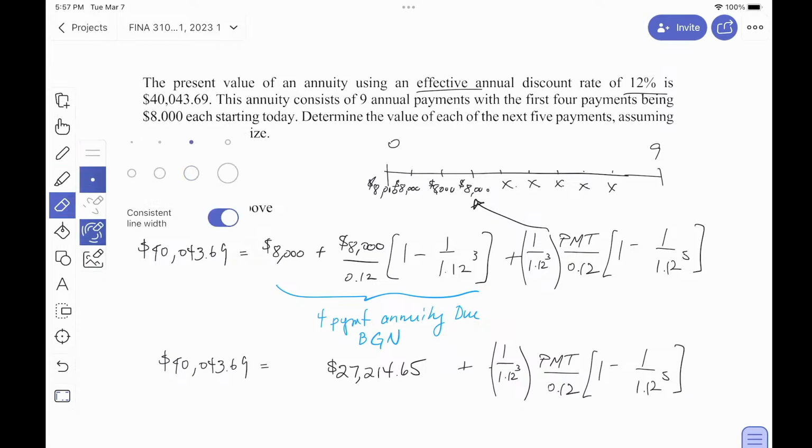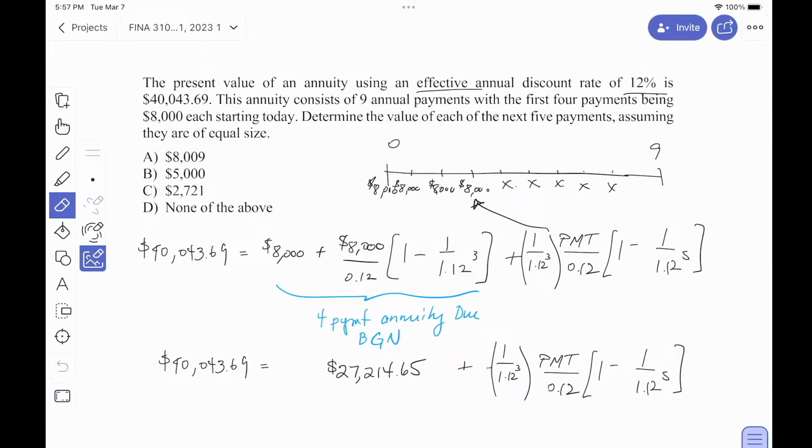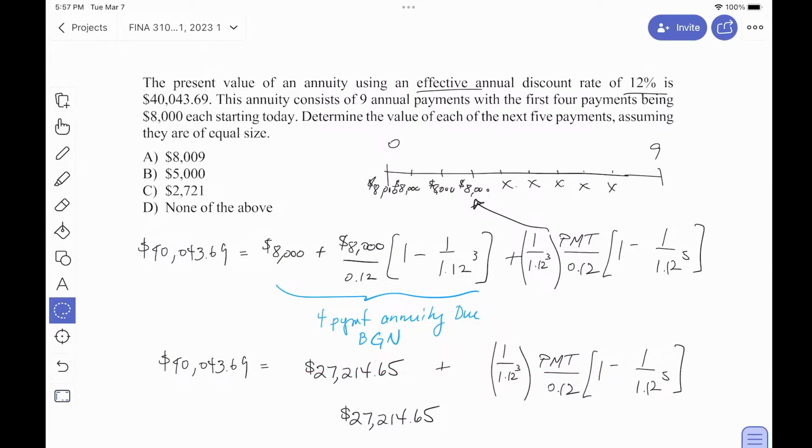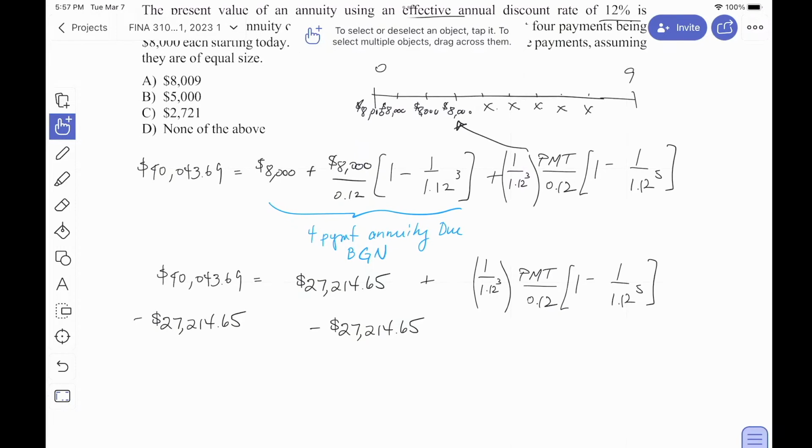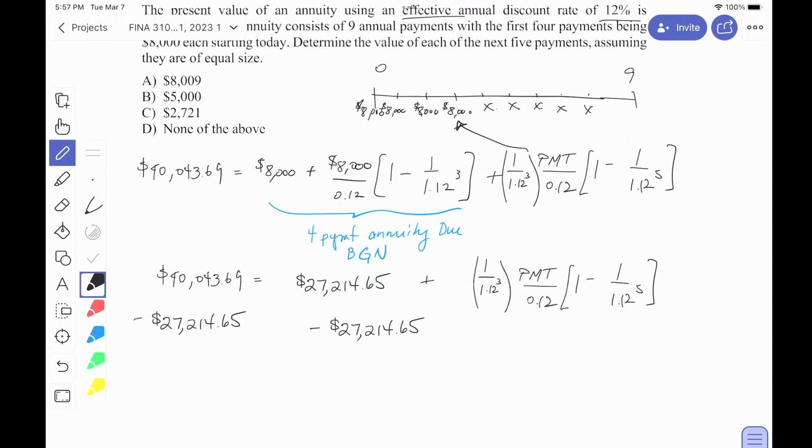All right, so it's always easier for me with the iPad. So now what do I do? Well, I can combine these two terms here. So subtract both sides by this amount. And what do you get?